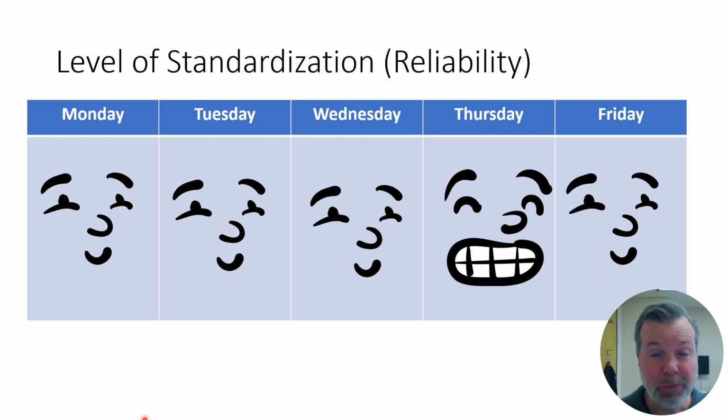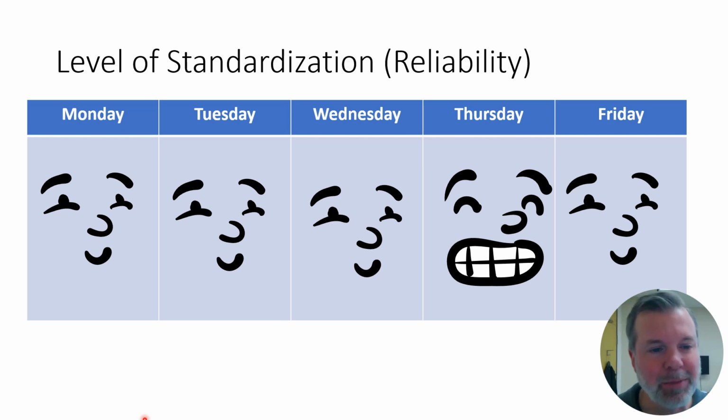We can contrast that with something that's more highly standardized and is going to be more reliable, more consistent over time, right? So if we give an assessment that's highly standardized, every student is getting the same materials, every student is scored the same way, we're being really consistent in how we're collecting that data, we should get relatively consistent data from our assessments.